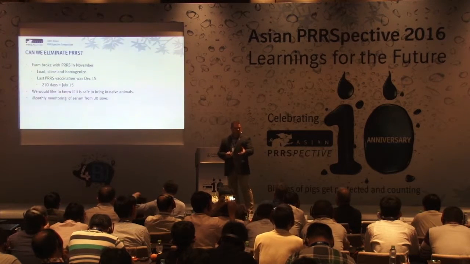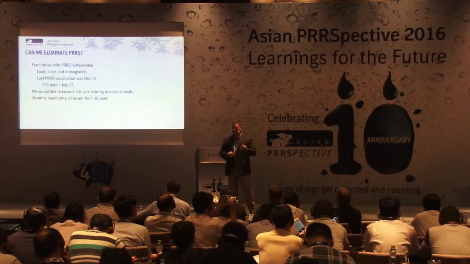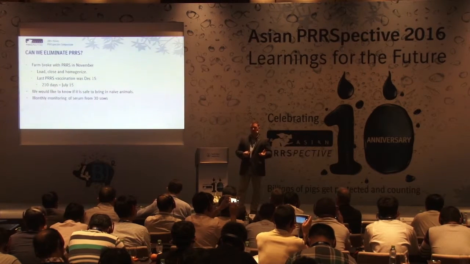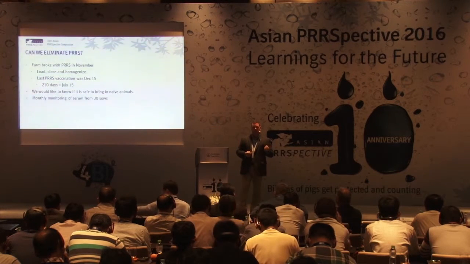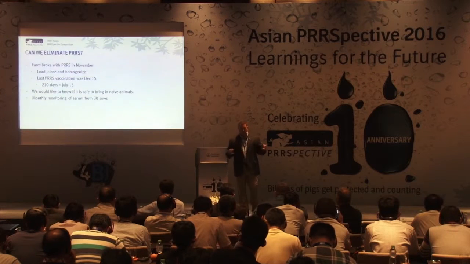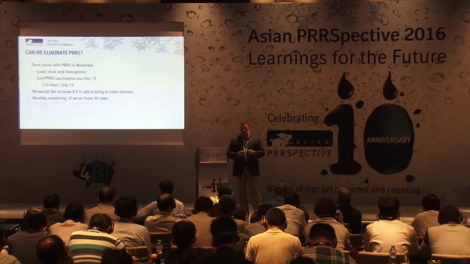If we take this farm, for example, it's a farm that broke with PRRS in November. They decided to do a load, close, and homogenize. By load, close, and homogenize, they brought in as many gilts as they possibly could.